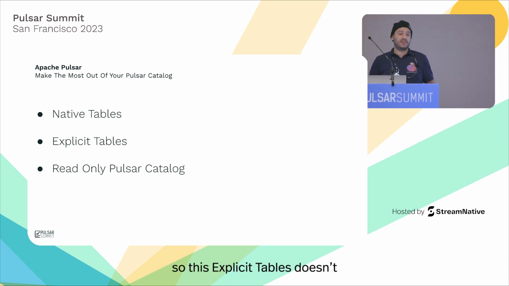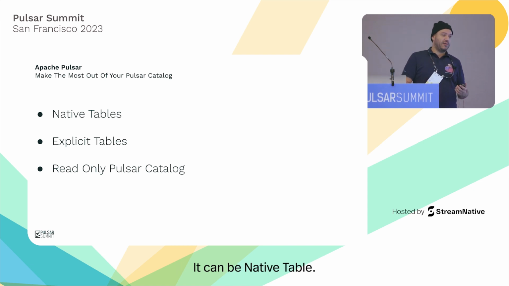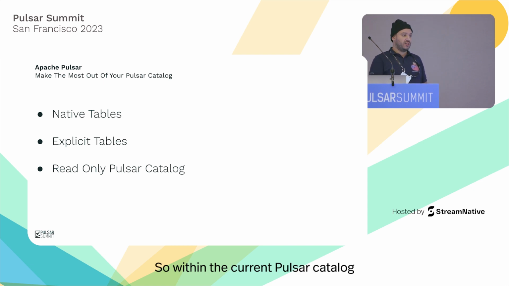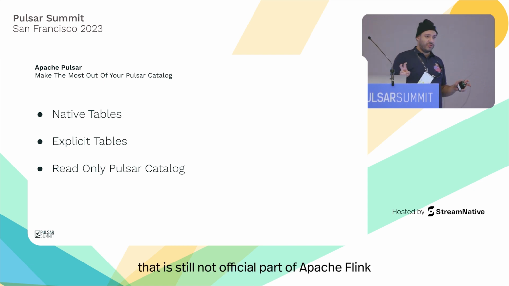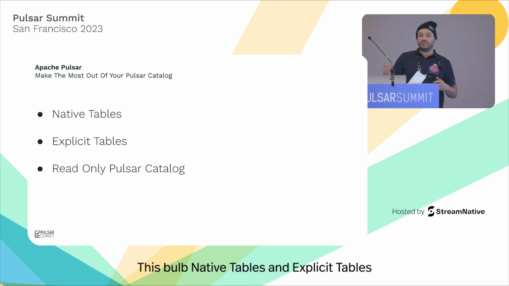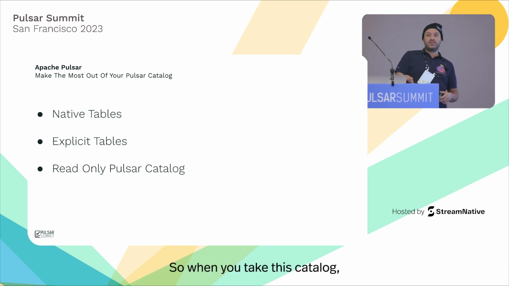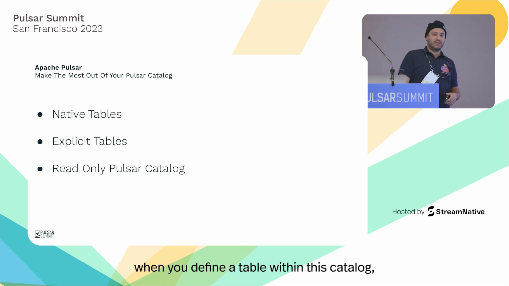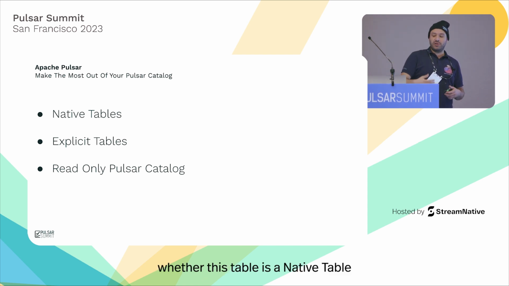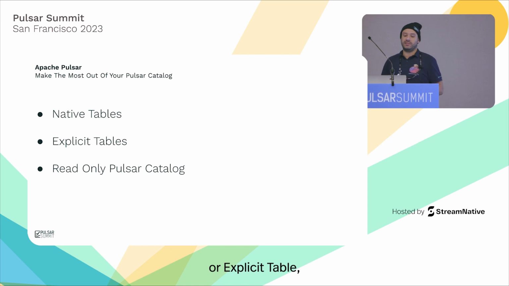These explicit tables don't have to use the Pulsar connector, it can be many kinds of tables. Within the current Pulsar catalog, which is still not an official part of Apache Flink, both native tables and explicit tables are handled within a single catalog. So when you define a table within this catalog, you have to specify whether this table is a native table or an explicit table.